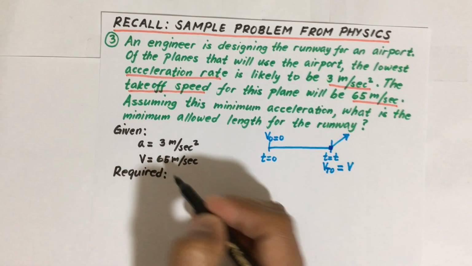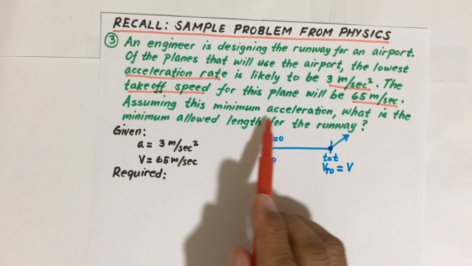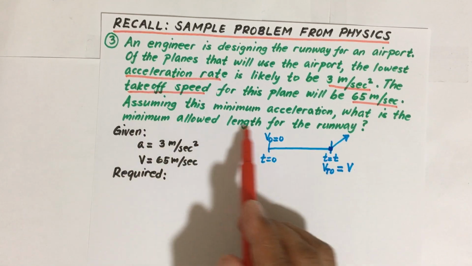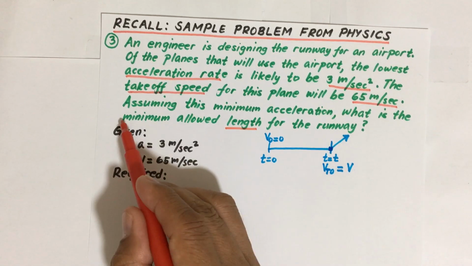What is asked in this problem? It says that assuming this minimum acceleration, what is the minimum allowed length? So what does it mean? Minimum allowed length.